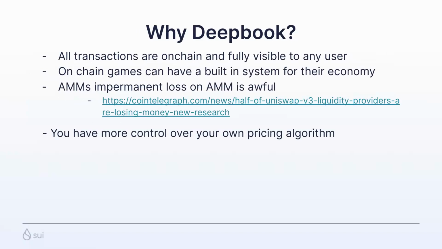So I guess the question here is why DeepBook, and I kind of went into it a little earlier. The transactions are all fully on chain. You can build an on-chain game for your economy. That's some of the ideas that we have. I think the old game was DeFi Kingdoms, if people ever played on Harmony.